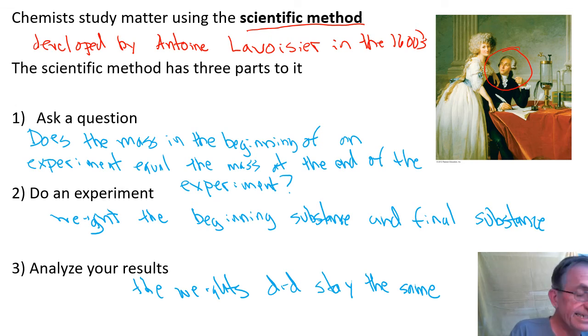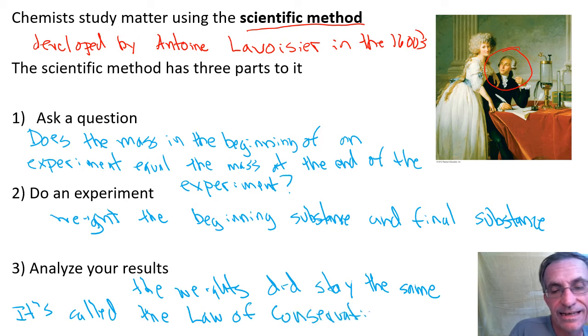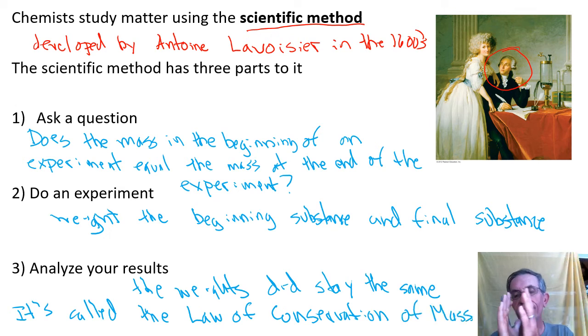So this idea is called the law of conservation of mass. The law of conservation of mass. So the weight in the beginning and the weight at the end always match up.